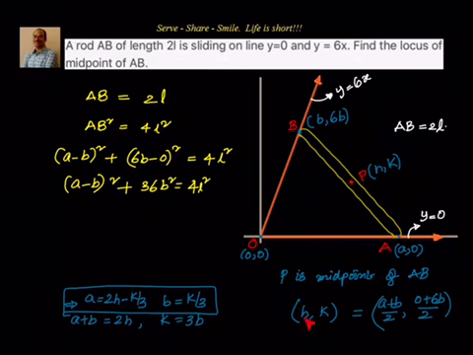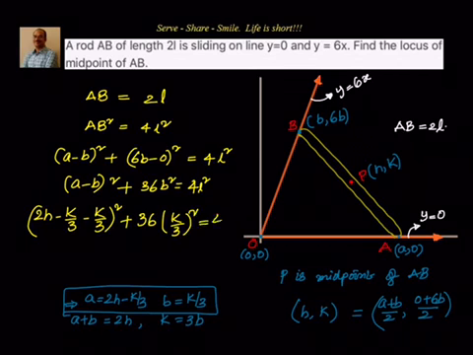Once we have h equal to a plus b by 2 and k equal to 3b, we can write b equal to k by 3 and a plus b equal to 2h, so a equal to 2h minus b, with b equal to k by 3. Let's substitute this in our earlier equation. I get a as 2h minus k by 3, minus b, that is one more k by 3, whole square, plus 36 into b square, with b equal to k by 3 whole square, equal to 4L square.